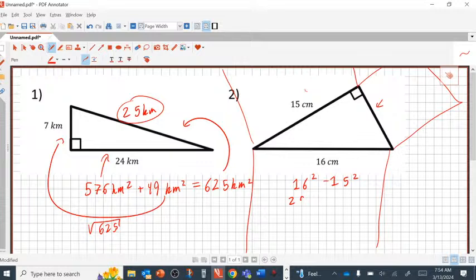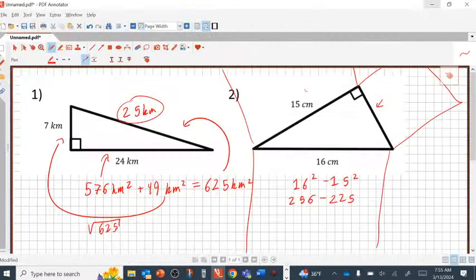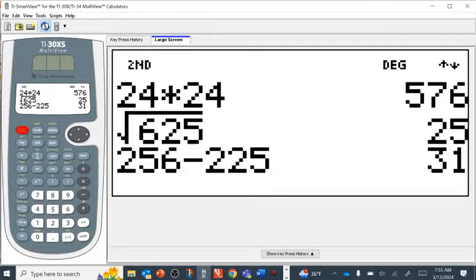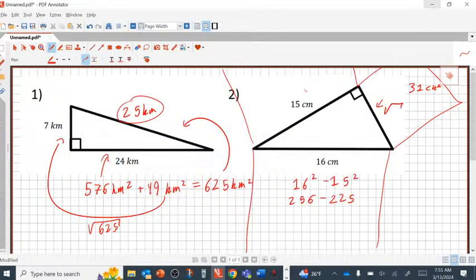So that's 256 minus 225. Is that correct? I think that's 31. So that means that the area here is 31 centimeters squared. Take the square root of it. And the exact length is the square root of 31 centimeters.